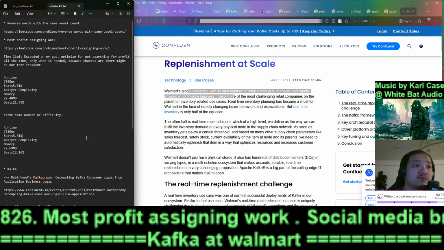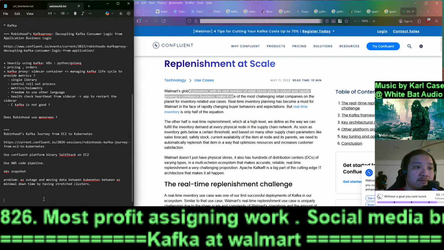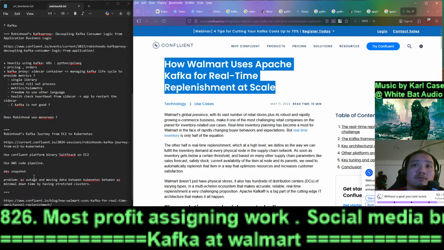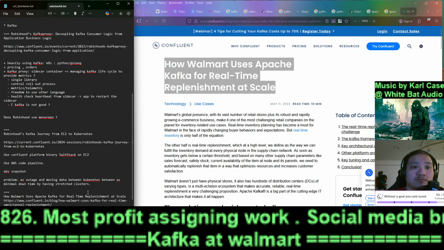Just put this in our node. Okay. Okay, what they do?